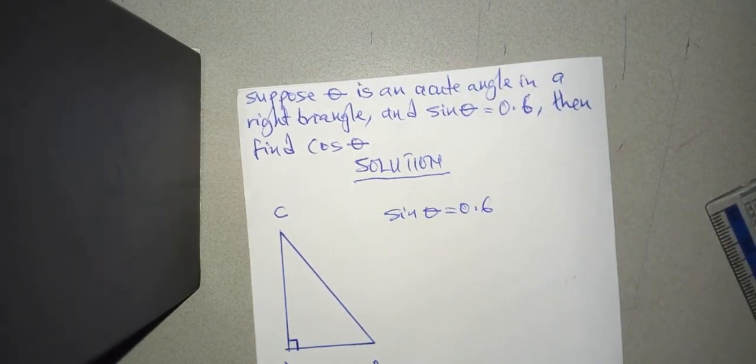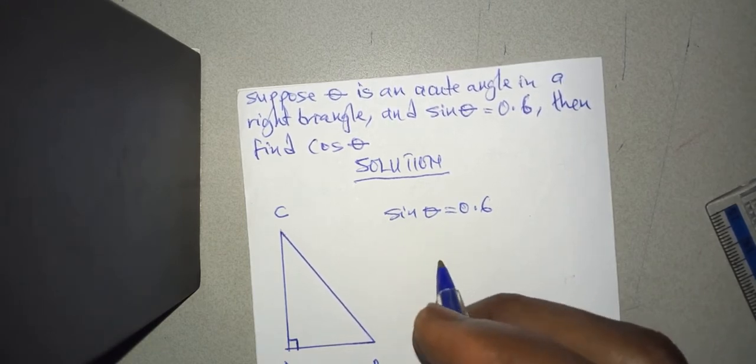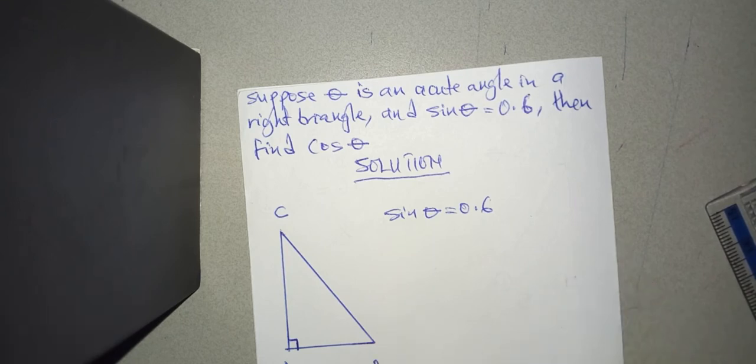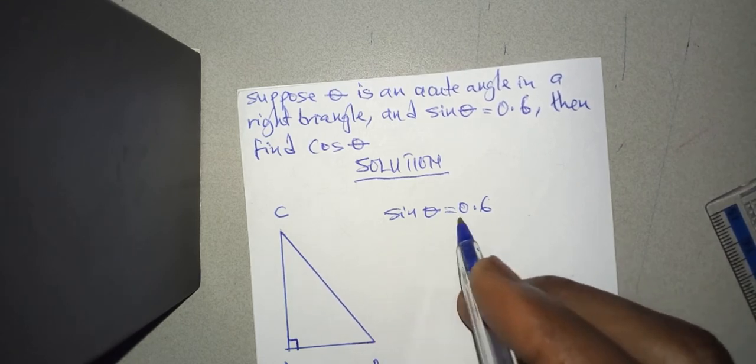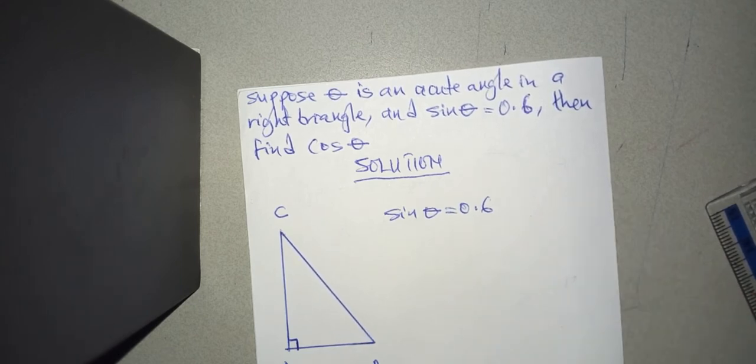Since every trig ratio deals with two sides of a right angled triangle, we need to convert this to a fraction so that we have one side over the other side.